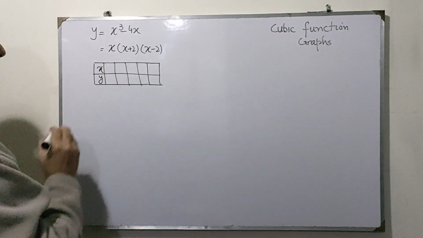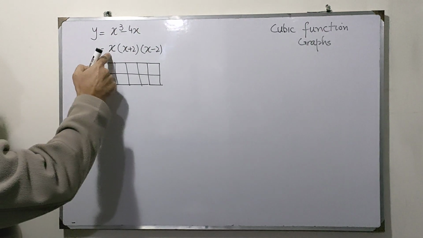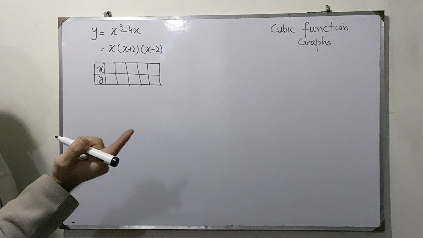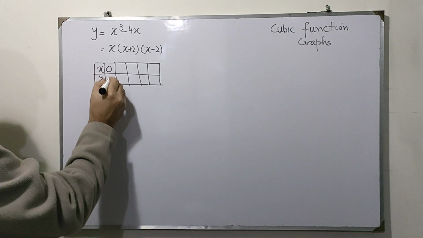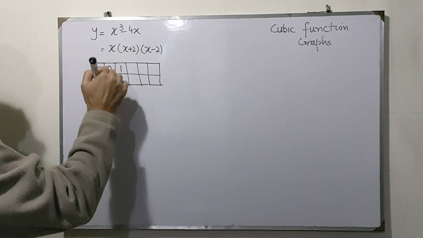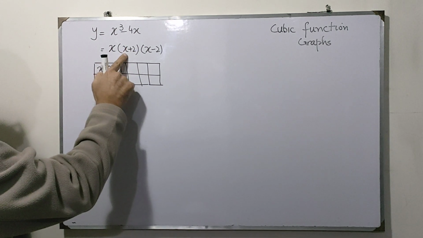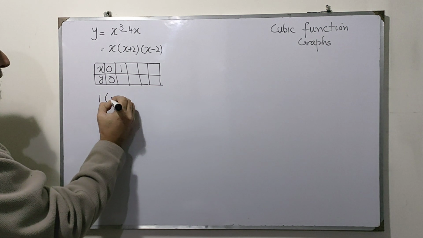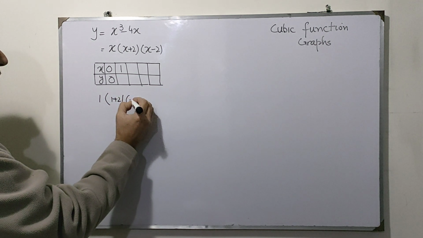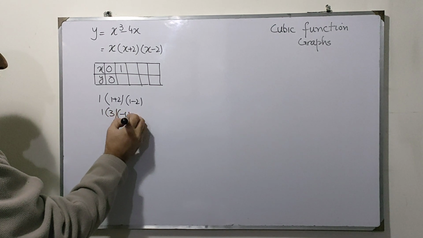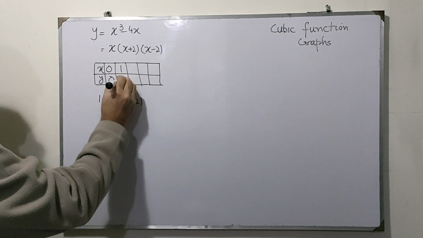x, y. When x is 0, obviously multiplied with 0, y will be 0 also. When x is 1, it is 1 into 1 plus 2 into 1 minus 2, which is 1 into 3 into minus 1, so it is minus 3.